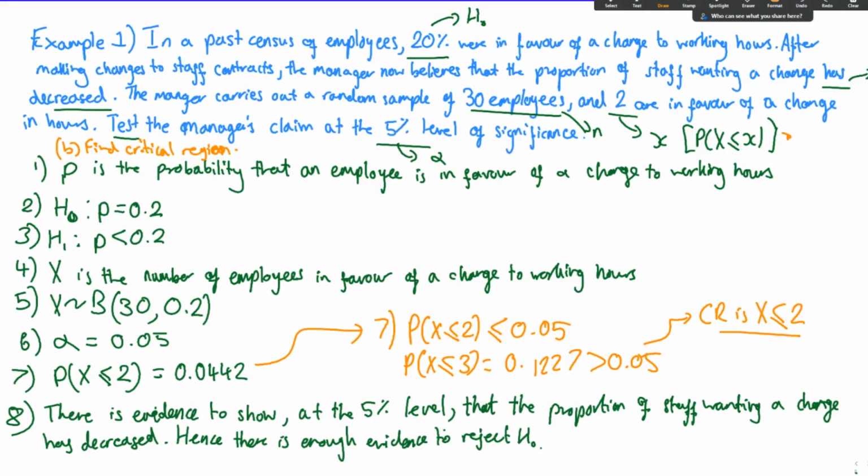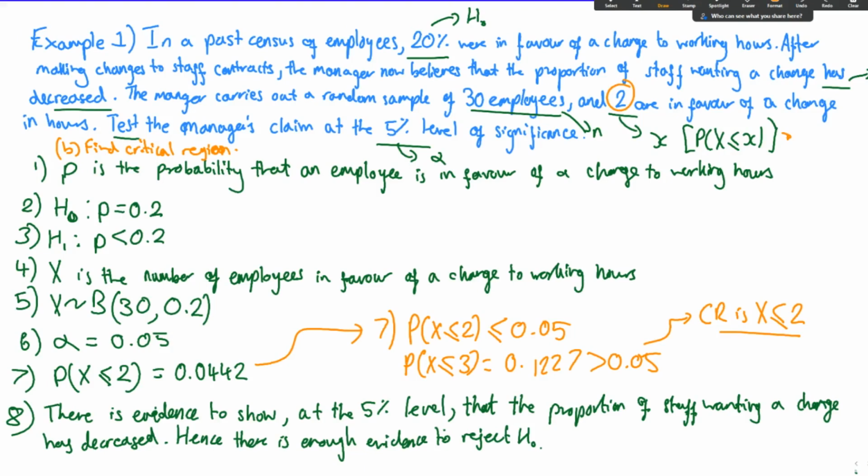So every single value less than 2 will also have as low a probability. So x less than or equal to 1 will be a lower probability than that, which is fine because it's still lower than 0.05. It's x less than or equal to 3 that actually changes things. So that makes our critical region x less than or equal to 2. And since our value here is less than or equal to 2, it lies in the critical region, so that's how we can get to our conclusion from there.